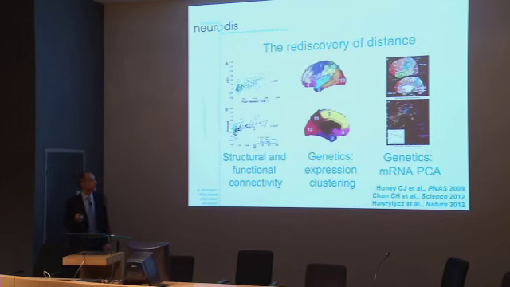The next 2 slides will be a bit speculative, and in fact this is speculation which was really inspired by Henry's talk 2 weeks ago, where I thought, well, this is really distance rediscovered, the multitude of connections between neighboring gyri.